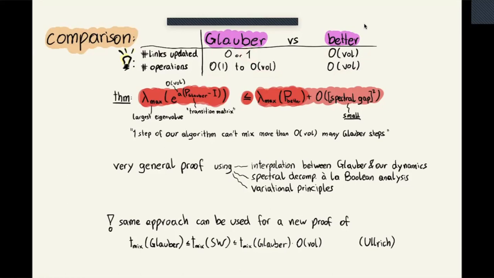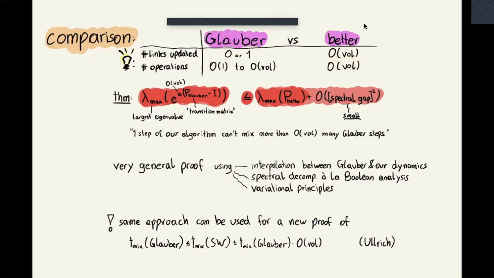So now you would expect that if you take order volume many steps of Glauber dynamics, so then you update order volume many links, this might or might not mix roughly as much as one step of these better dynamics here. So I can only prove one direction here.